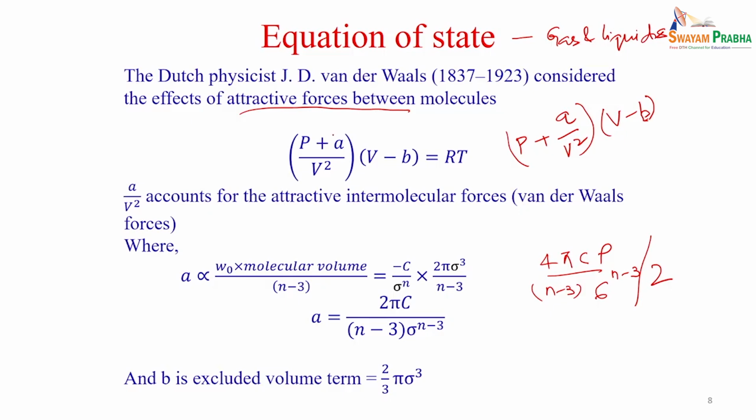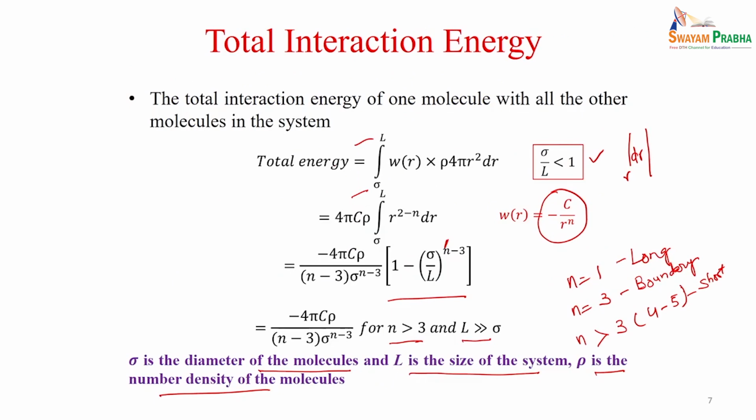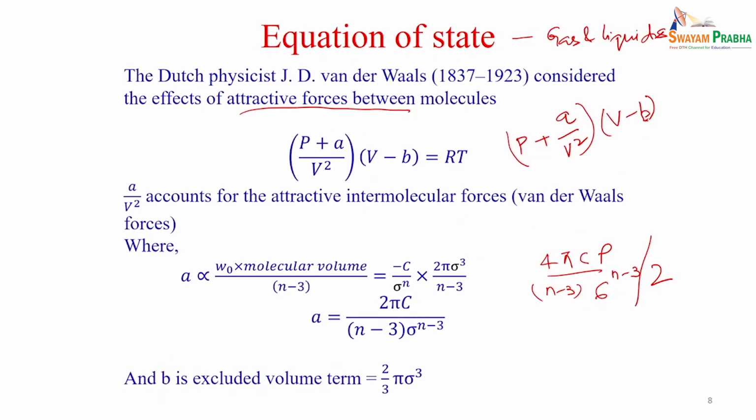The value of A is very much coming from the total interaction energy between the molecules. So, A is equal to 2 pi, and of course n minus 3 sigma to the power n minus 3.